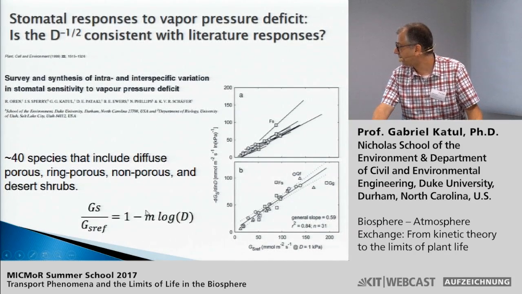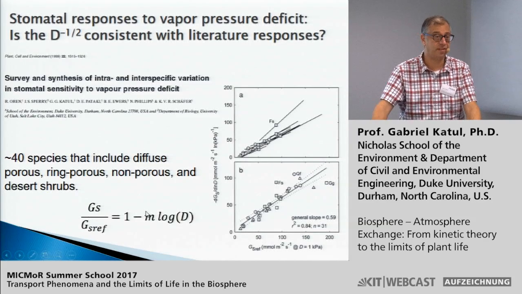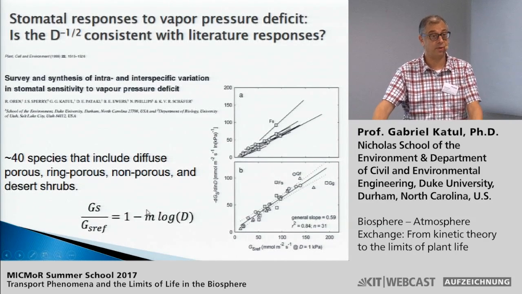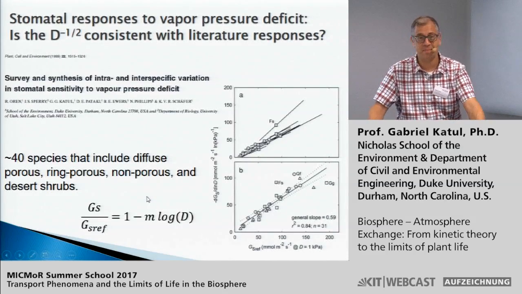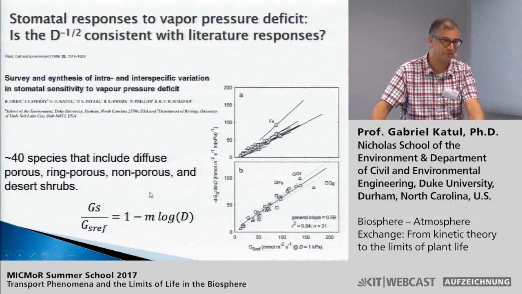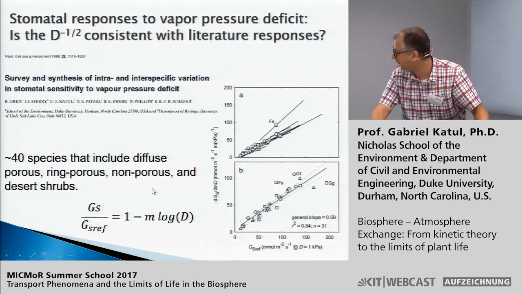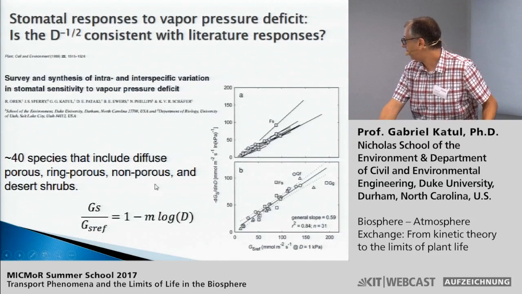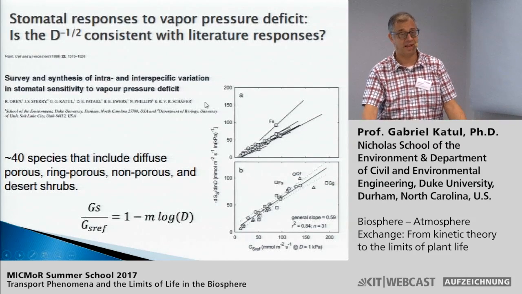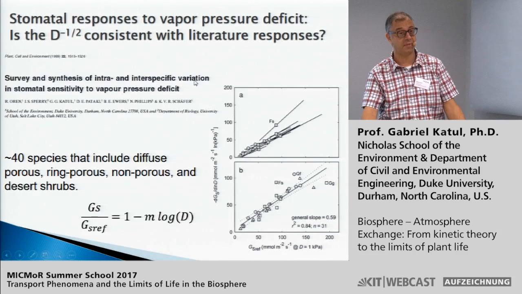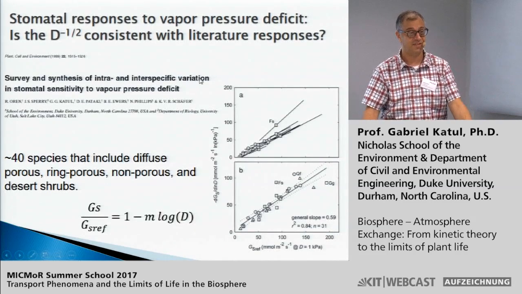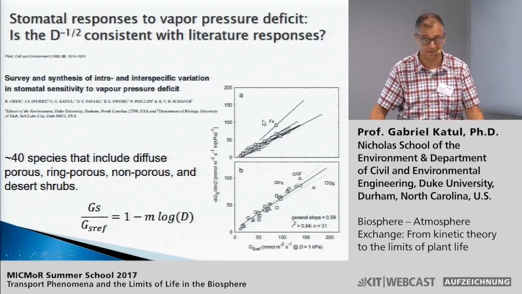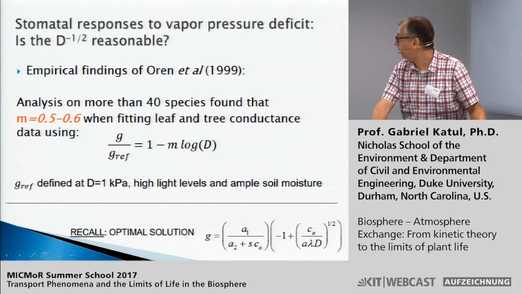And so it suggests that irrespective of what the species is, it seems that for well-watered conditions, at least one of the Jarvis functions may actually be more universal than previously thought. Okay, so that's an important result to try to recover from stomatal optimization. I mean, if stomatal optimization cannot predict this summary of many species lumped together, then it's worthless, okay? Can we do that?